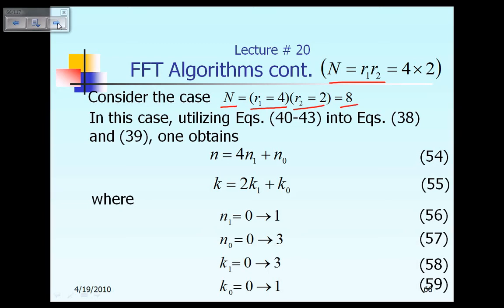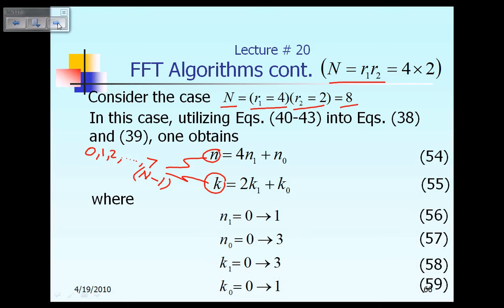Because capital N is equal to 8, it means the index small n and the index small k each can have a value anywhere from 0, 1, 2 up to 7, which is equal to capital N minus 1. In this case, capital N is equal to 8, and that's why N minus 1 is equal to 7.